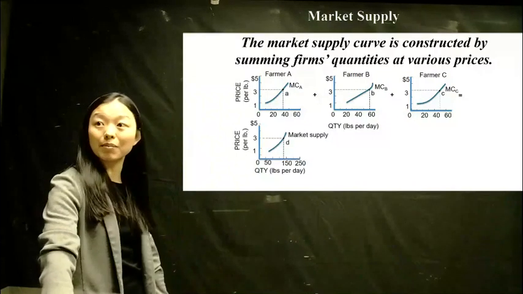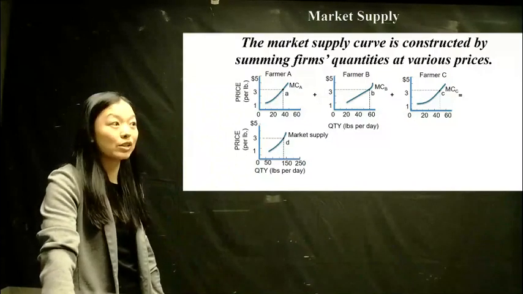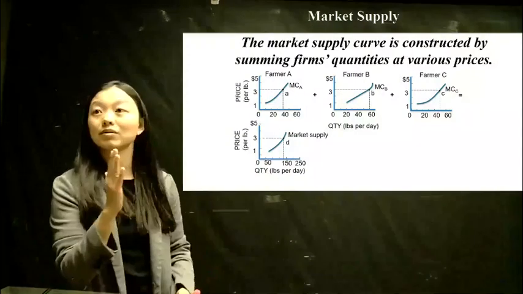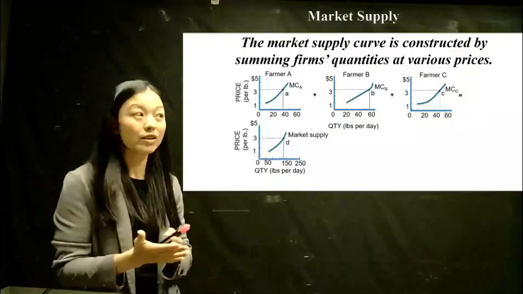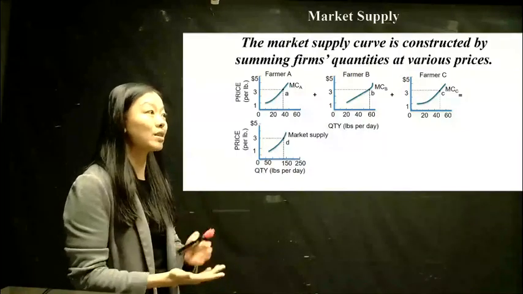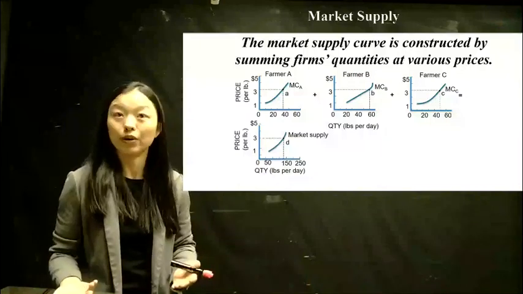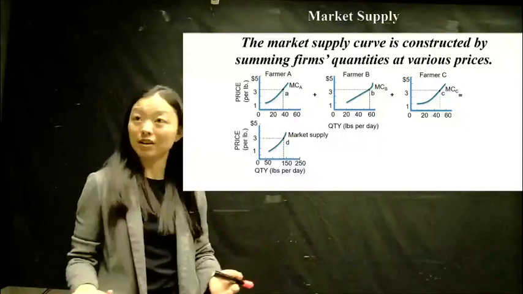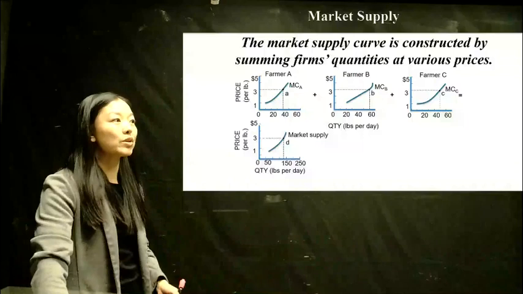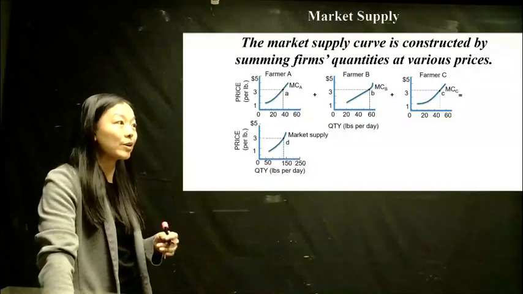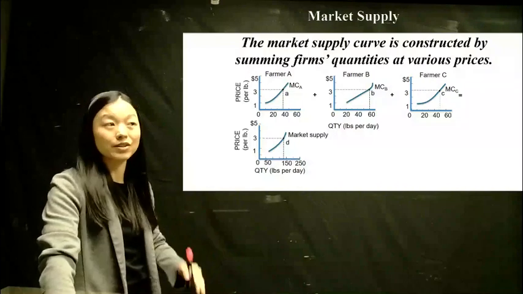So how do we get the market supply at the price equal to $3? You just need to sum all those firms' outputs, so 40 plus 60 plus 50 gives us 150. This is what we mean when we say the market supply curve is constructed by summing firms' quantities at each price.